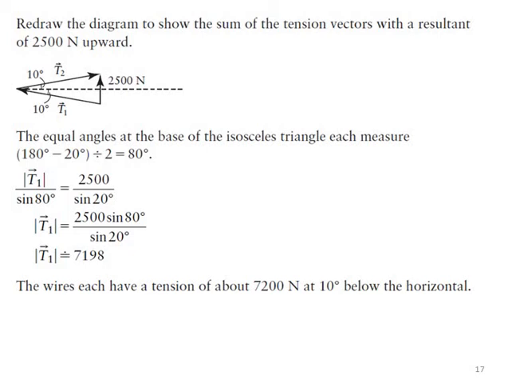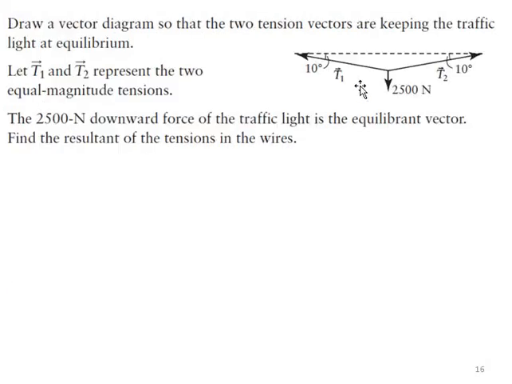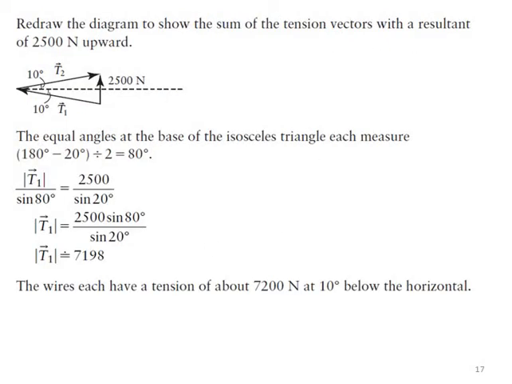So redraw the diagram to show the sum of the vectors with the resultant of 2500 upward, because as we discussed in the previous figure, we have 2500 downward, that's the equilibrant, so the resultant of T1 and T2 is going to be 2500 upward. And we have equal angles at the base of the isosceles triangle, so it's going to be 180 minus 20 divided by 2, which is 80 degrees.